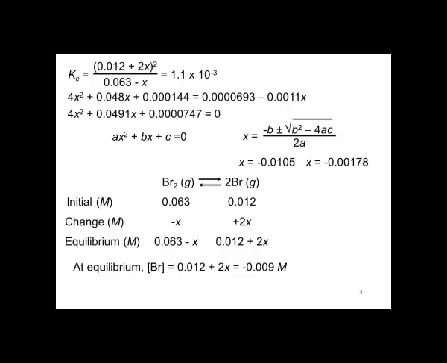Using negative 0.00178, we evaluate that by adding 2 times that to 0.012, and we arrive at 0.00844 molar. For Br2, we take the negative 0.00178 and subtract it from 0.063, and we come out with 0.0648. We will do many of these problems in class together.